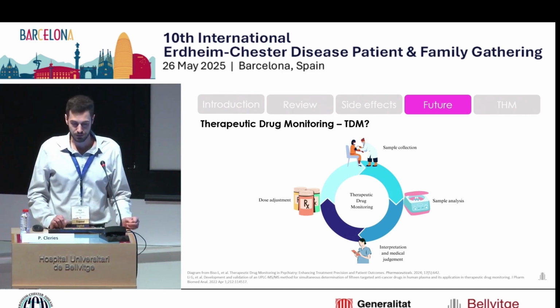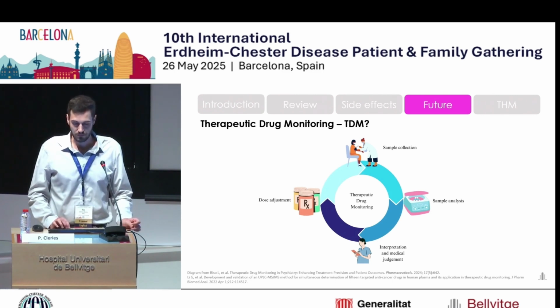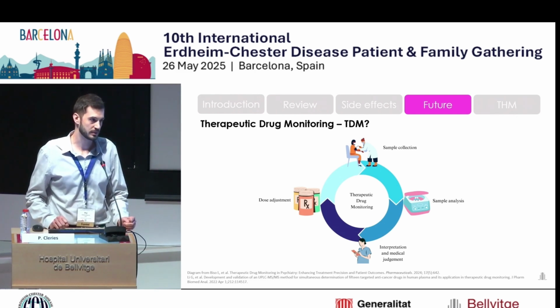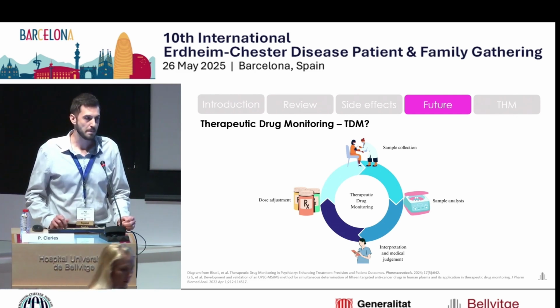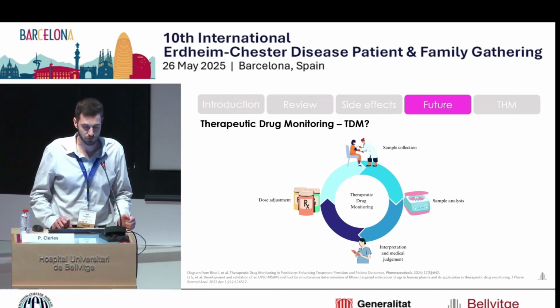Finally, I would like to talk briefly about the possible future. This is the therapeutic drug monitoring. It's still not well established for Erdheim-Chester disease, unfortunately, but we actually use it for some other diseases and treatments.